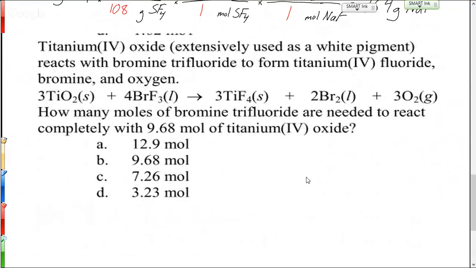But this time, we're only looking at moles. We're not looking at grams. So think about how you do that conversion in a similar way, but only going from moles of titanium 4 oxide to moles of bromine trifluoride.